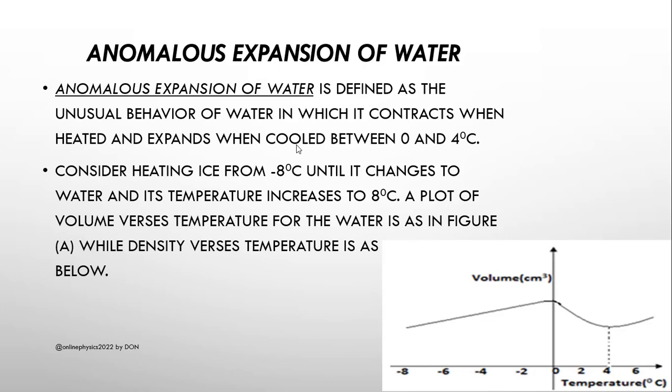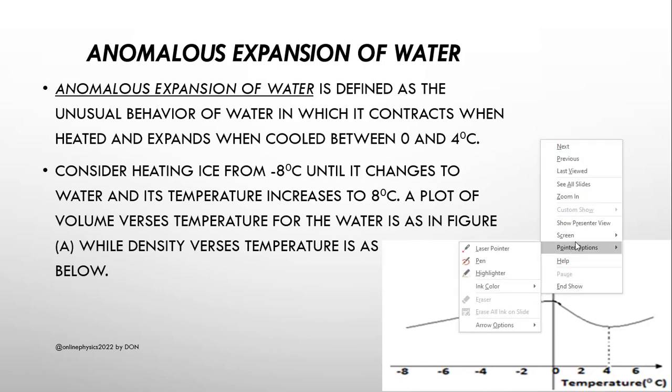increases to 8 degrees Celsius. A plot of volume versus temperature for the water is as shown in this figure A. So if the temperature is -8, as you heat, you realize that the volume keeps on increasing to 0 degrees, but as it's moving from 0 to +4, we have the volume decreasing.